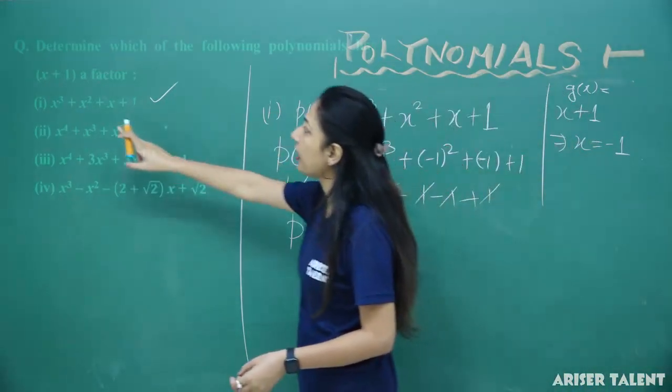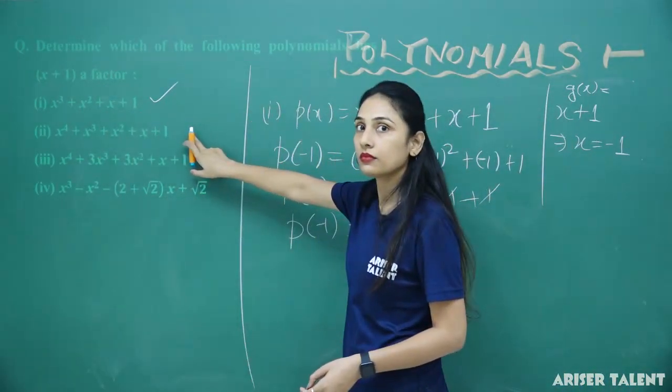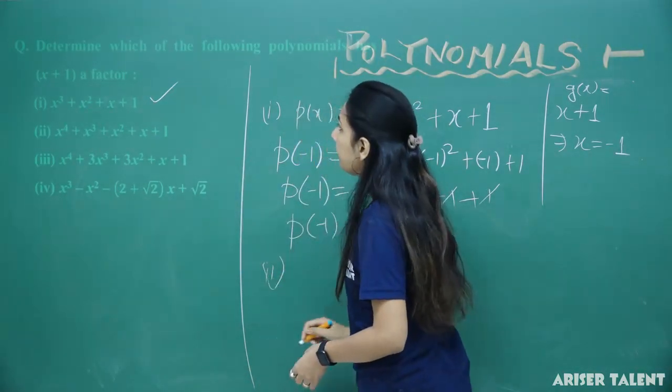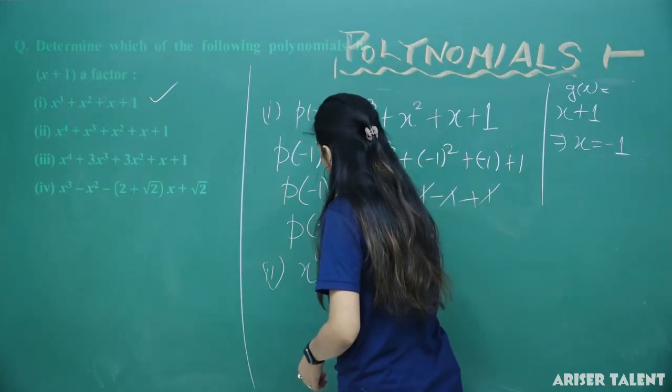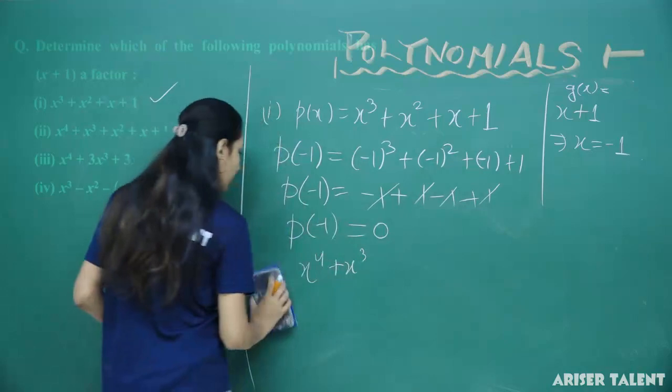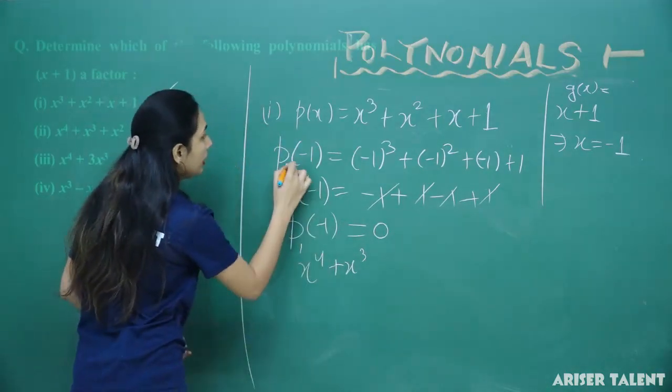X plus 1 is a factor of this. Okay. Now, for the second one we are trying x to the power 4 plus x cube, we will call it P1.